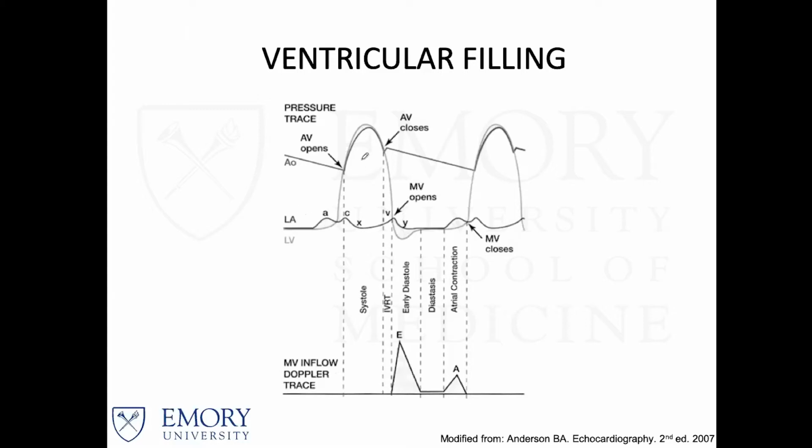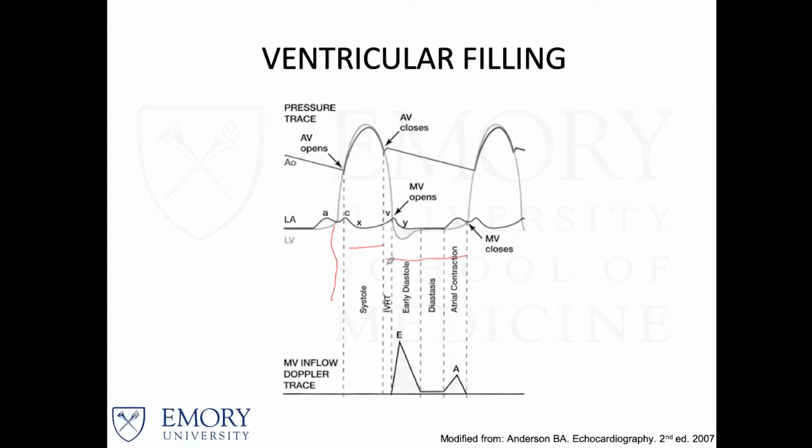Here's the ventricular waveform. Here's the left atrial waveform. Here are the periods of systole and diastole. Okay, so in systole, you have an isovolemic contraction here, and you have ejection. So those are the two periods of systole. And diastole has four periods.